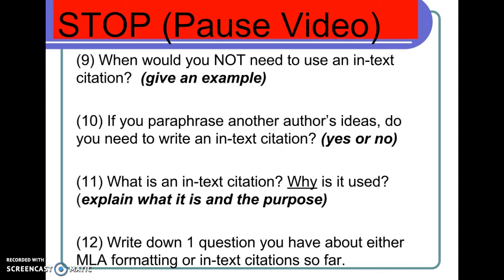If you're paraphrasing and it's another author's ideas. Number 11, what is an in-text citation? Why is it used? Explain what it is and the purpose. So what is it and why? Number 12, write down one question you have about either MLA formatting or in-text citation so far.